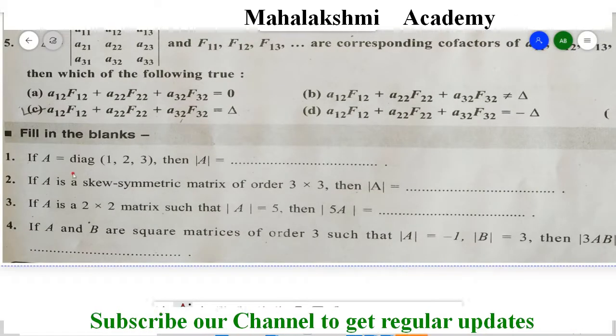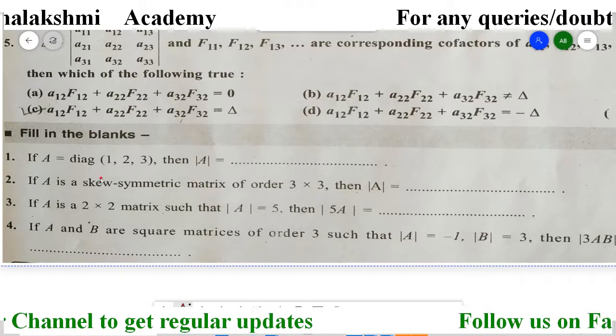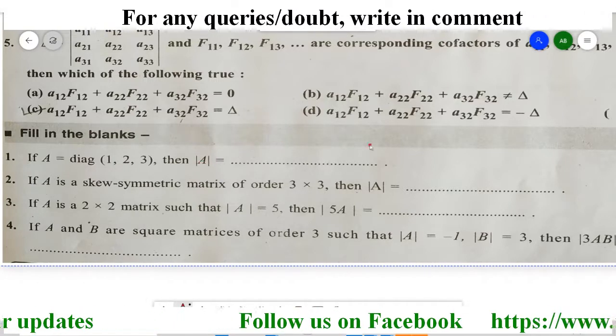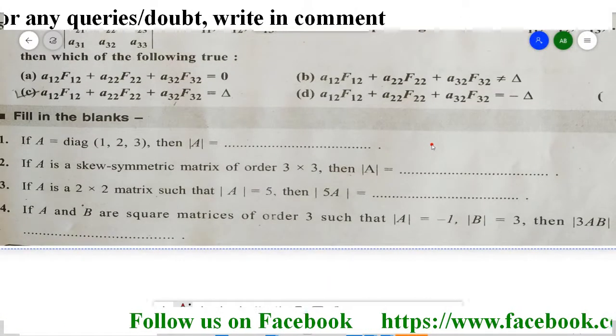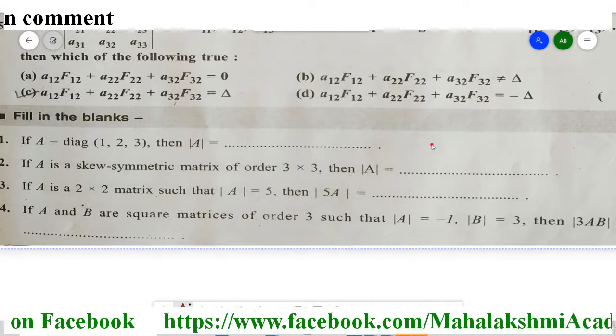Now the fill-ups. So here you have the diagonal matrix, and students, it's a direct formula that if any matrix is a diagonal matrix, and I hope you know the diagonal matrix meaning. Diagonal matrix means a matrix in which only the diagonal is there, other elements are 0.